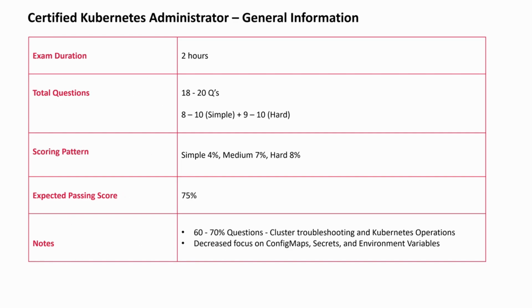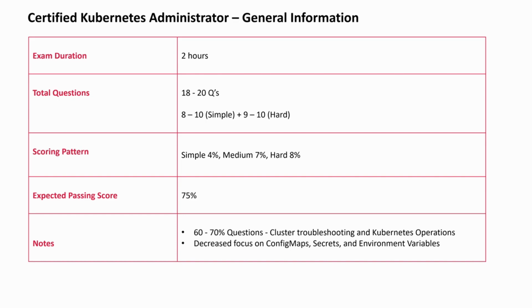Exam duration, new exam 2 hours. You can expect a maximum of 20 questions. This exam is in beta state. Once CNCF launches the exam on September 1st, we will come to know more about it. Currently, the expected passing score is 75%.